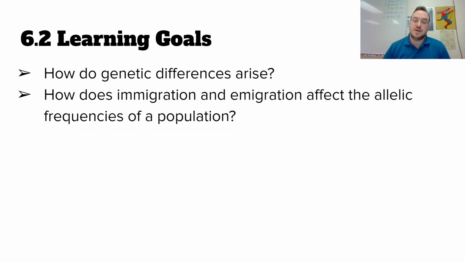All right, so we've talked about a few of the reasons that allelic frequencies will change, and we looked at specifically with the founder effect how immigration or emigration, with an I and an E respectively, affect the allelic frequencies of a population. We're going to continue talking about and asking how genetic differences arise.